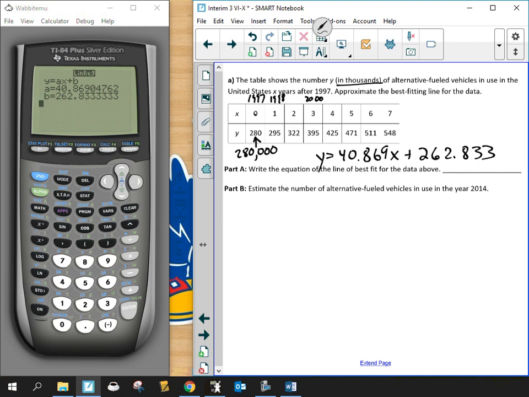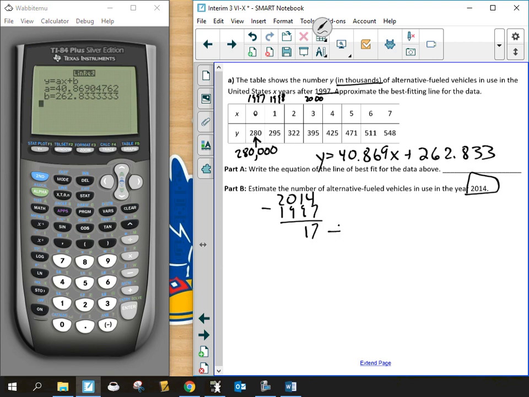So then it says estimate the number of fuel alternative vehicles in the year 2014. So here's where it becomes important, is that years since 1997. So 2014 minus 1997 is 17.